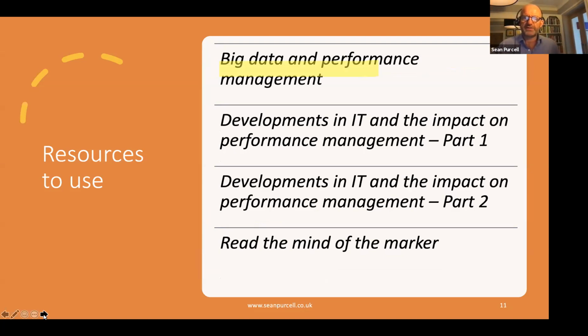So we need to work out what we can automate and how we respond to what automated data tells us. There's another great article in 2 parts on how IT is developing and the impact it has on performance management. There's also an article on how we read the mind of the marker. If you haven't read those articles, they're all must reads.